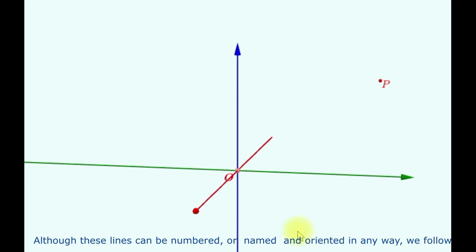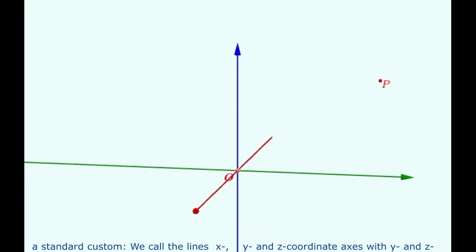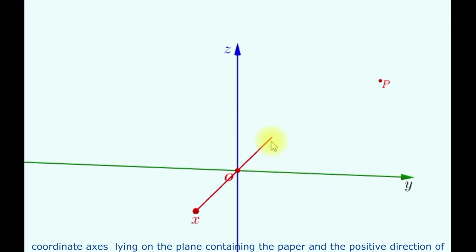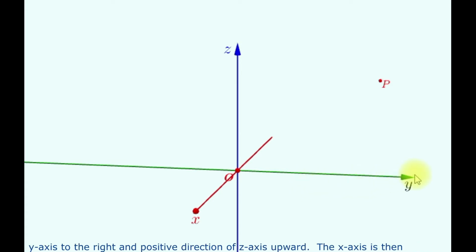Although these lines can be numbered or named or oriented in any way, we follow a standard custom. We call the lines the X, Y and Z coordinate axes, with the y-axis and z-axis lying on the plane containing the paper, the positive direction of y to the right and the positive direction of the z-axis upward.